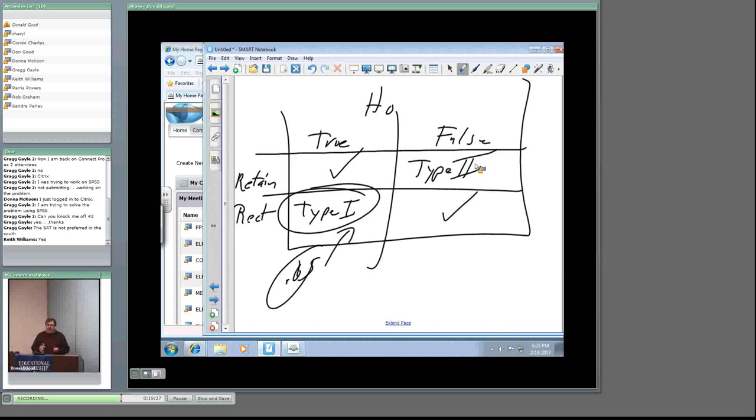Type 2 would be not making a change when you're supposed to. Yes, correct. And I could avoid a type 2 error by always making a change. I could avoid a type 1 error by never making a change. Not very helpful.